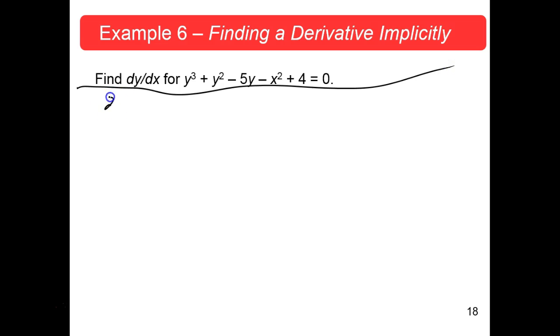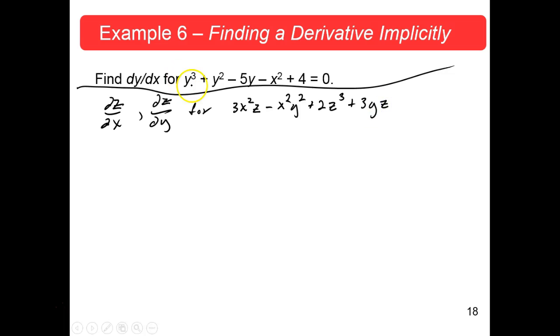This one says find partial of z with respect to x and the partial of z with respect to y, for 3x squared z minus x squared y squared plus 2z cubed plus 3yz minus 5 equals 0.